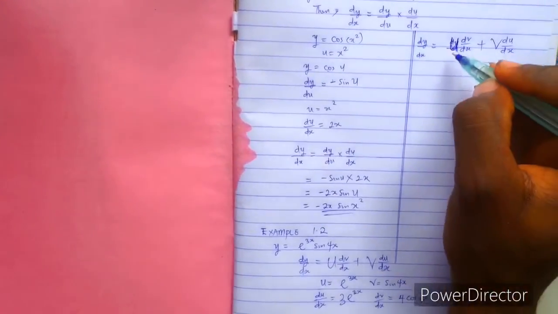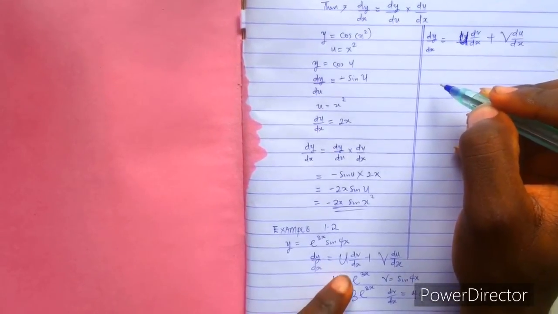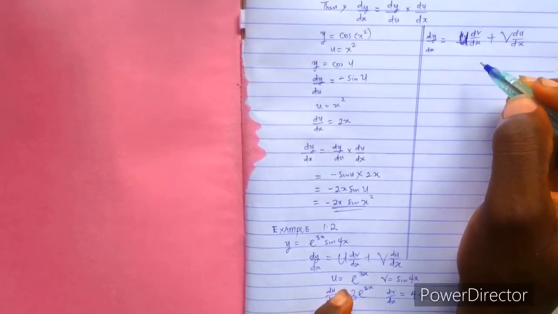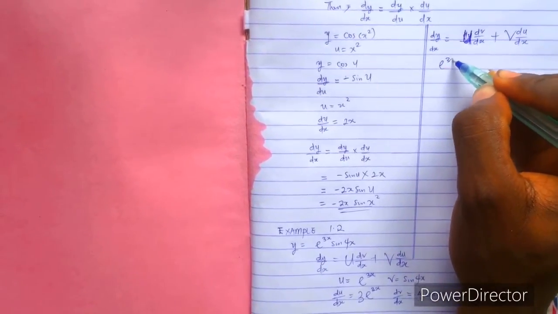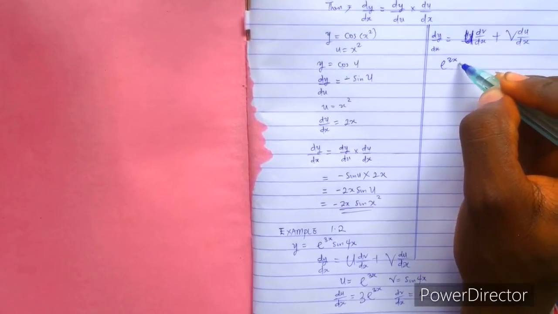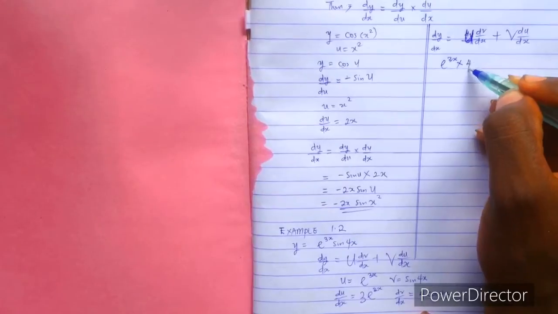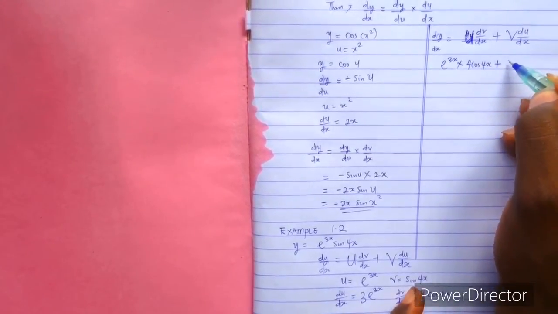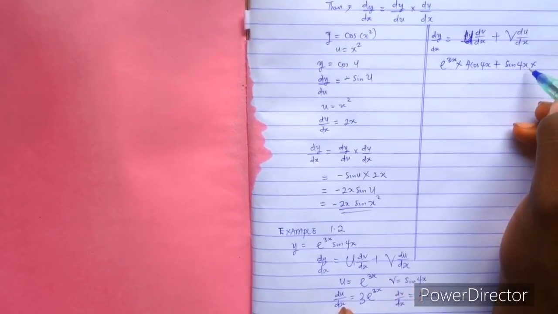Now our u, we already know is e to the power 3x from this place. It's e to the power 3x multiplied by our dv/dx. From here we know that it is 4 cos 4x, plus our v, which is sine 4x, and our du/dx is 3e to the power 3x.